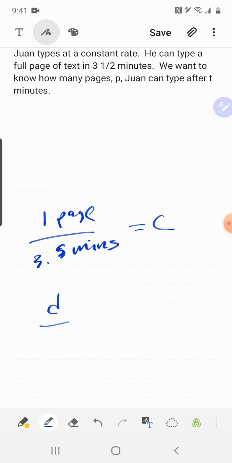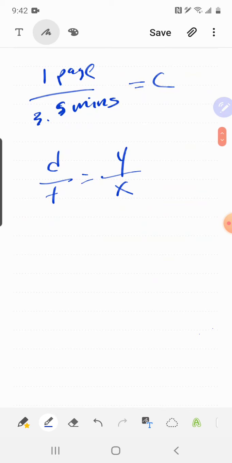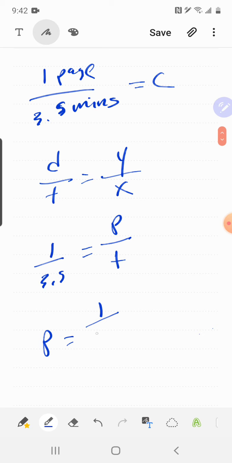We would say d over t is equal to y over x. In this situation, we're talking about pages. So if we said that 1 over 3.5 is equal to P over T, and we're solving for P, we get P is equal to 1 divided by 3.5 times T.